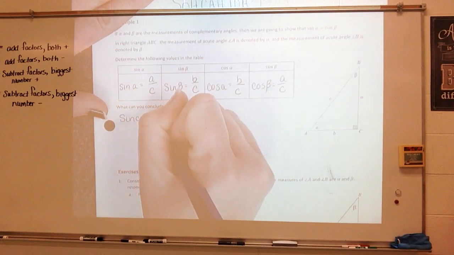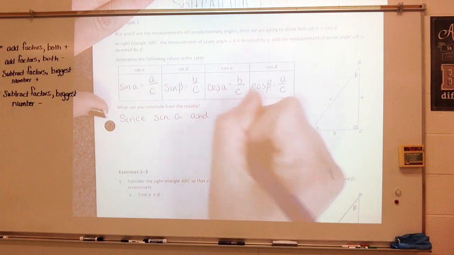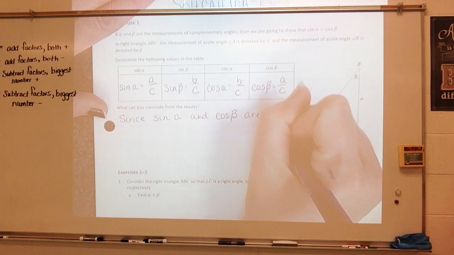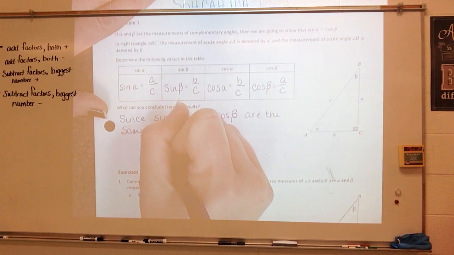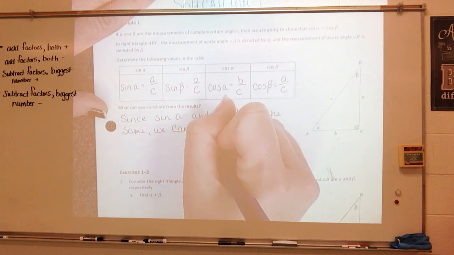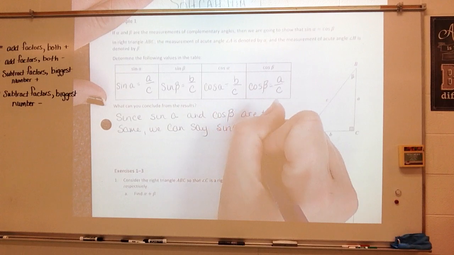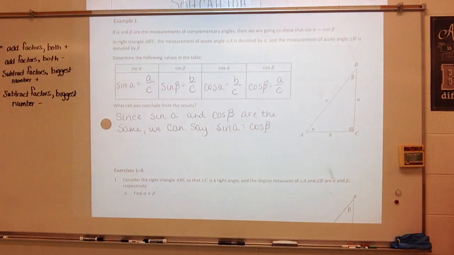So since the sine of A and cosine of B are the same, we can say that the sine of A is equal to the cosine of B.